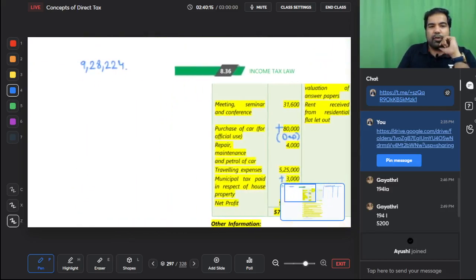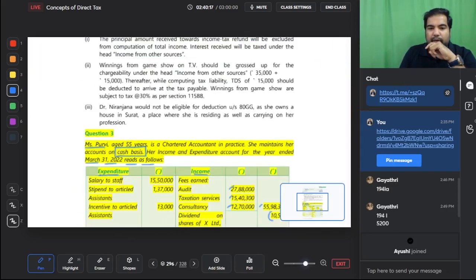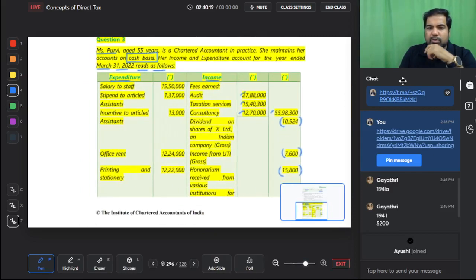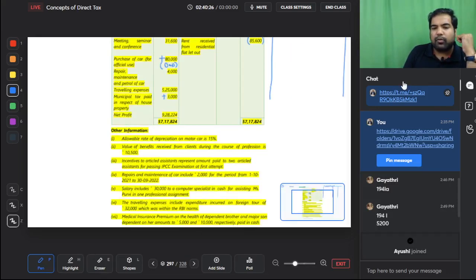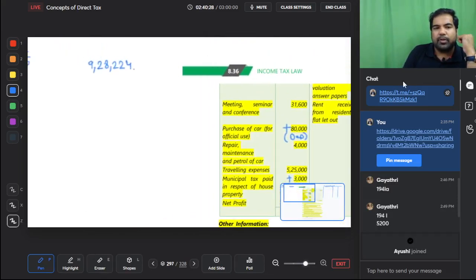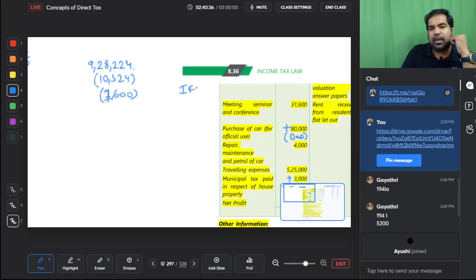Now first, whatever we know, we can do it already. 10,524 and 7,600, I'm removing from here, and I'm putting both of them in IFOS, 10,524 and 7,600.